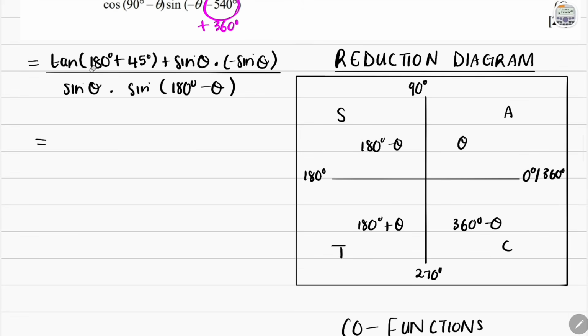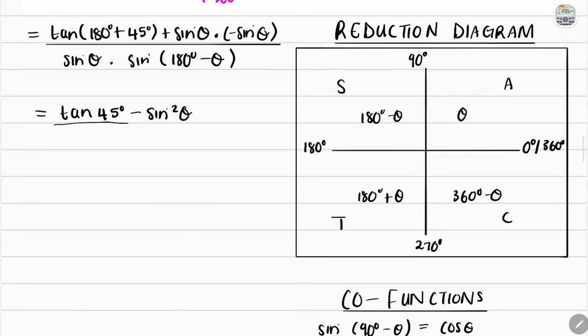So tan of 180 degrees plus 45 degrees, you can see this as theta. So that means this is in tan's quadrant, where tan actually is positive. So this becomes positive tan 45 degrees. And then these multiply to become negative sine squared theta all over.